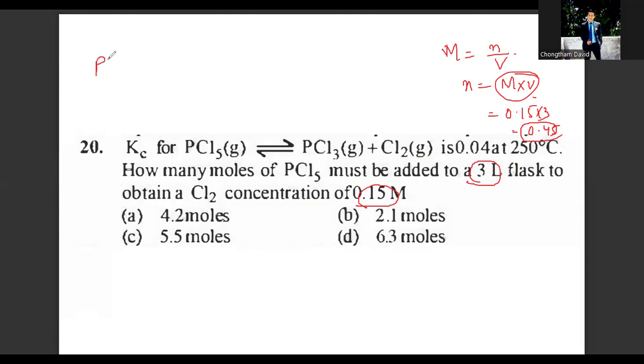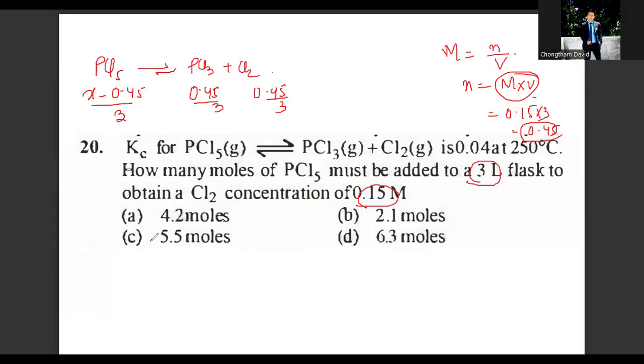So let us rewrite the equation so as to make it easier. PCl5 gives PCl3 and chlorine gas. So 0.45 is the number of moles at equilibrium concentration. So what is Kc?